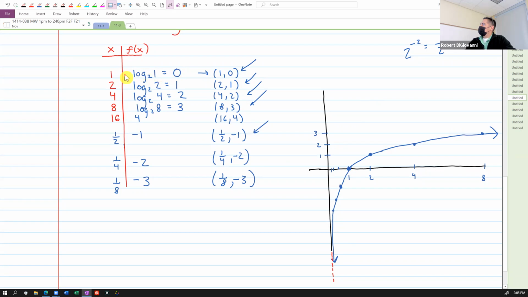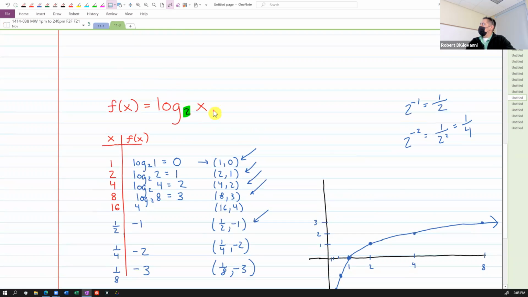Think about it. If I take any log you want, log base anything, and I put 1 here, what is this asking me? What's the question?